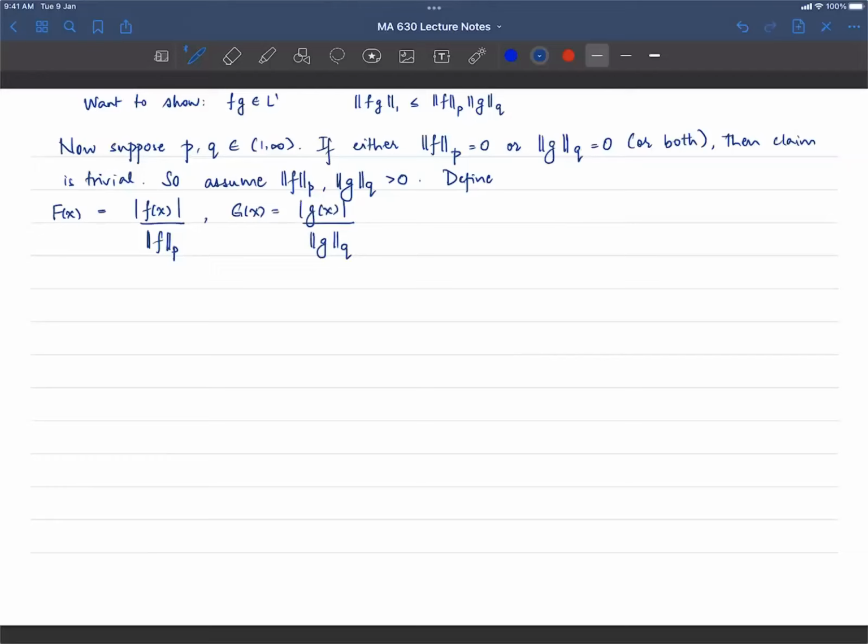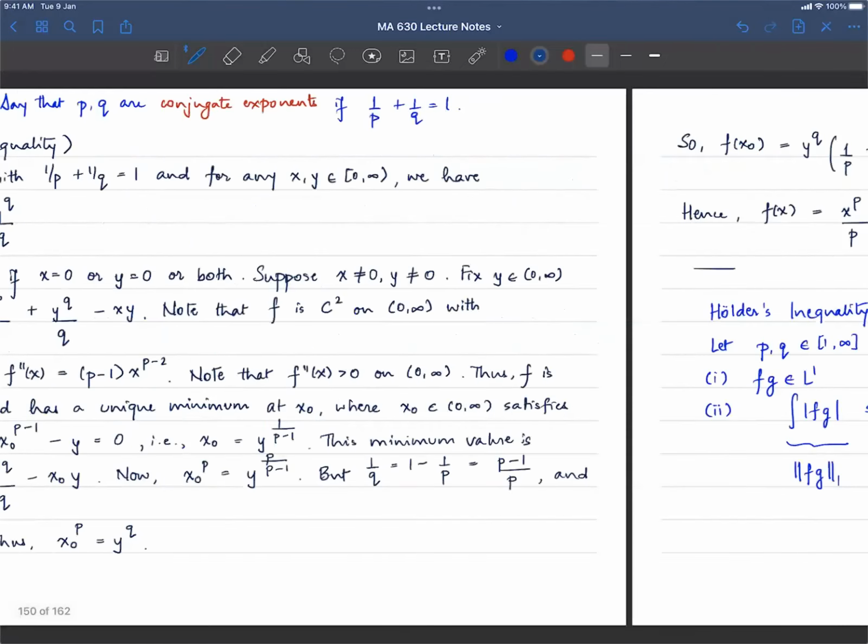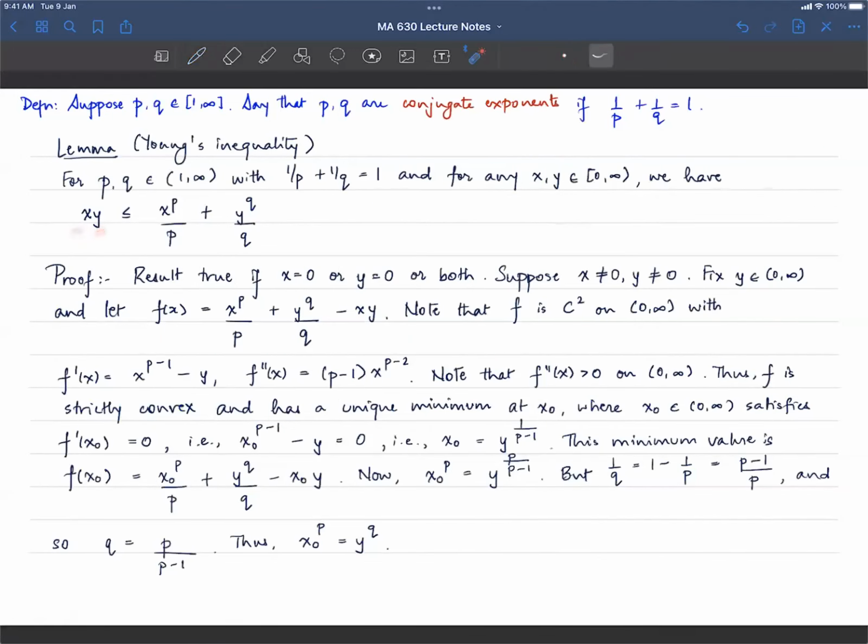All right, so now I'll use Young's inequality. By Young's inequality, what I'm going to get is F of X, G of X is going to be less than or equal to, let's remind ourselves of Young's inequality, XY is less than or equal to X to the P over P plus Y to the Q over Q.